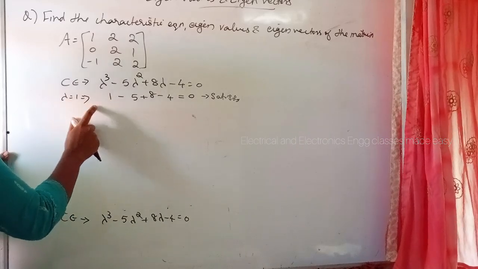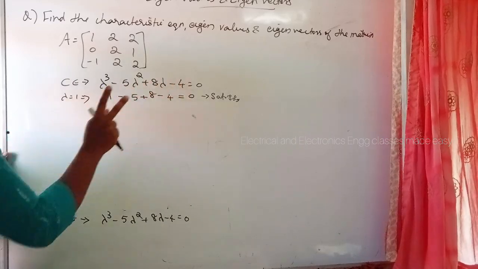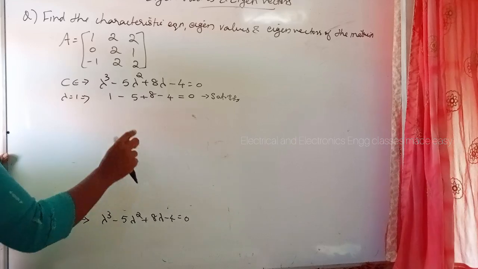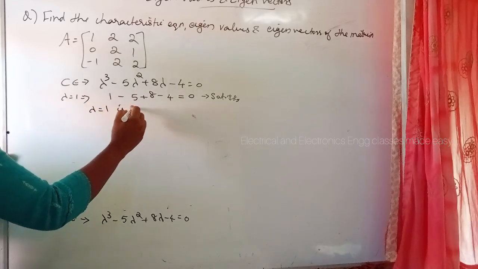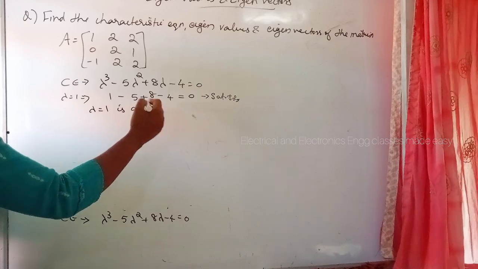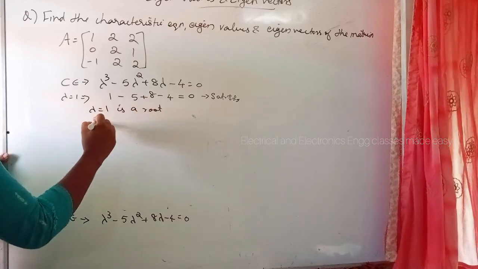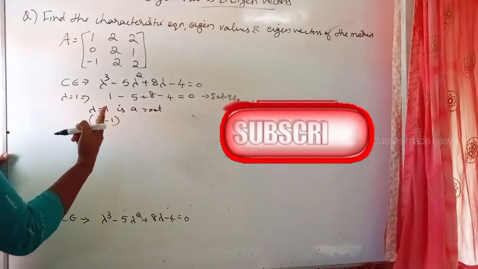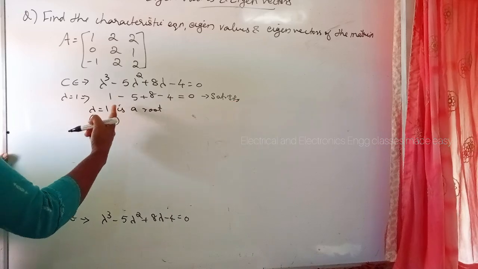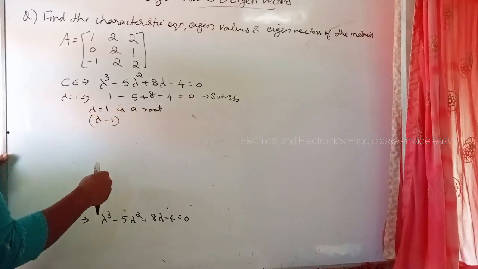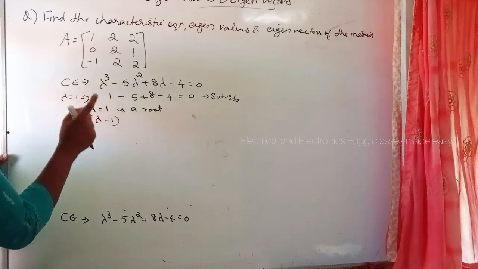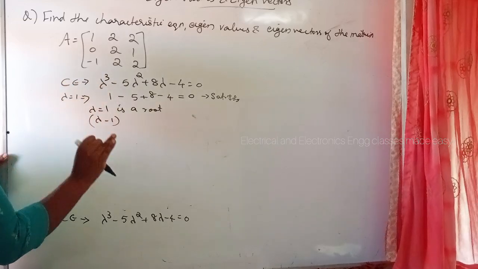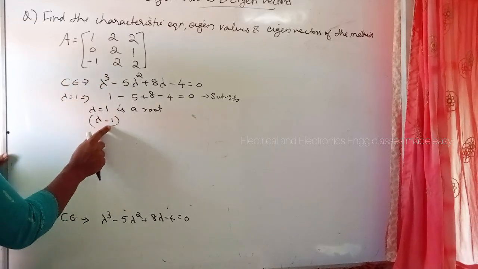So when lambda is equal to 1, this equation is satisfied. So lambda equal to 1 is a root, or else we can write lambda minus 1 is a factor. Then how will you find the next factors? This is degree 3, so there will be 3 roots and one root is 1.